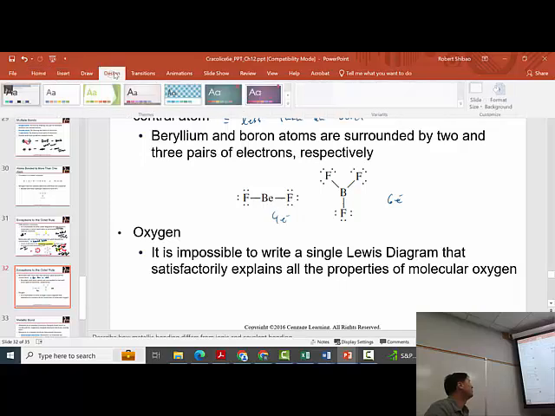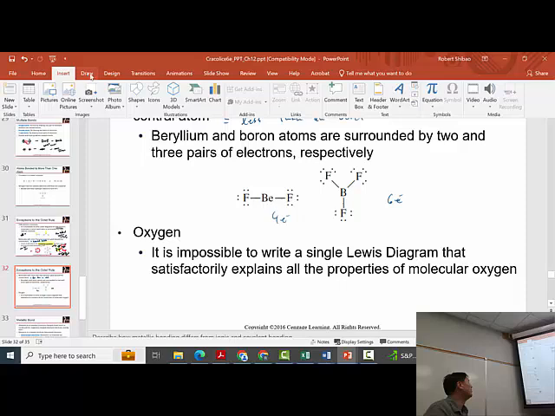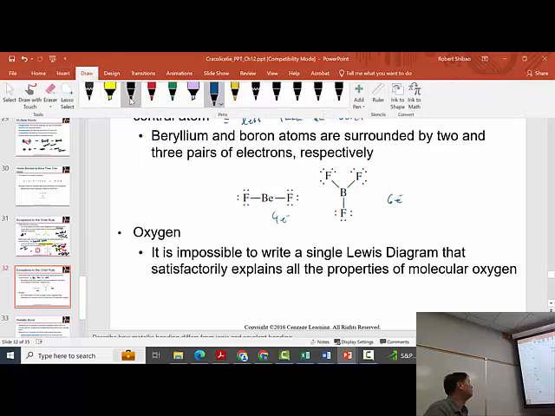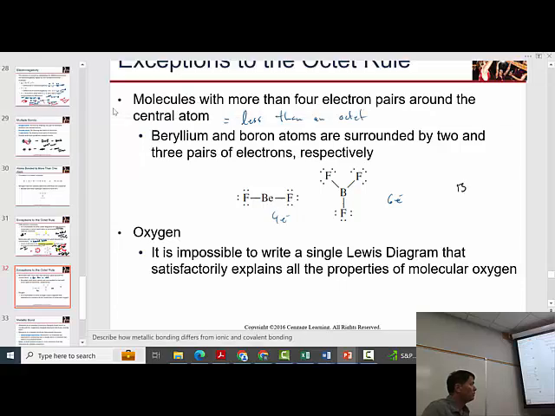Sometimes we try to form multiple bonds, like with oxygen, we form multiple bonds. So for example, boron, we could fix that if we do a double bond here. We do a double bond by taking one of the pairs, like the fluorine has 3 lone pairs, so why not just give one of the lone pairs to boron, but not completely let go of it. Still got 2 lone pairs.